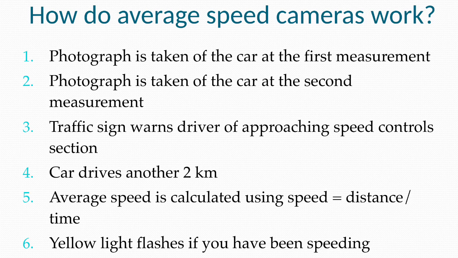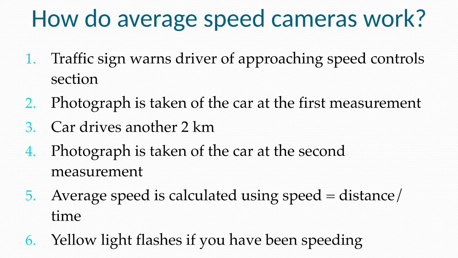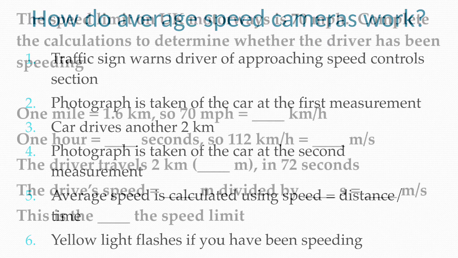Please make sure you write down all 6 statements fully, and pause the video now and try and rearrange them. And here is the correct order for those 6 statements. So again, pause the video if you need to and check your answers, amend them if need be.